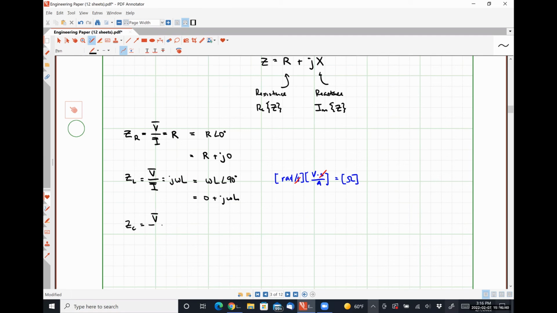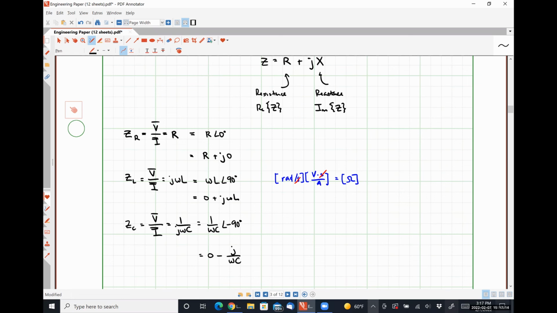The ratio of our phasor voltage to phasor current is 1 over j omega C, which looks like 1 over omega C angle negative 90 degrees, or 0 minus j over omega C as a rectangular form complex number.